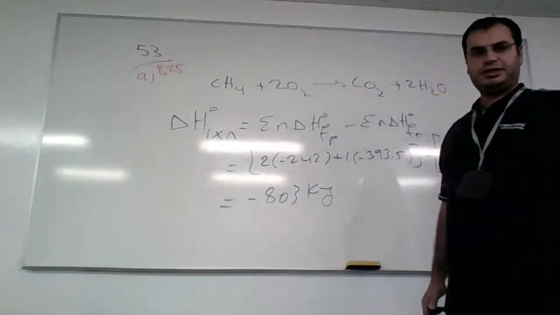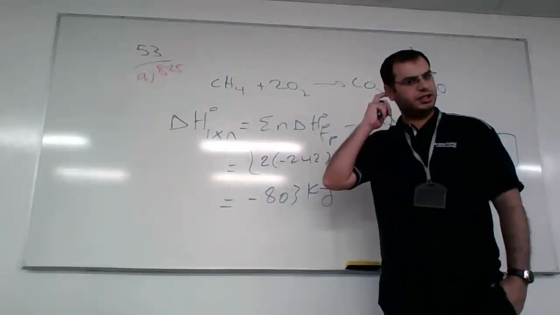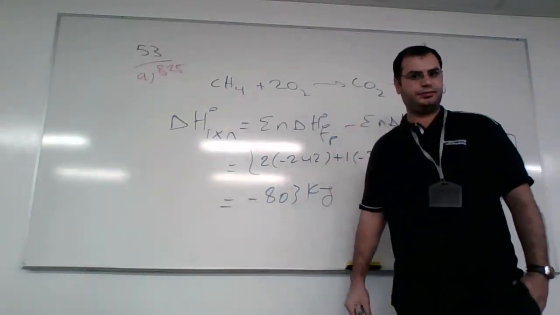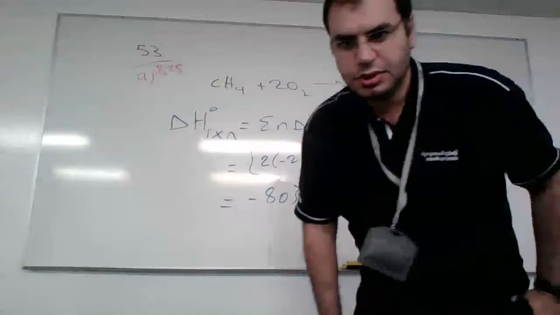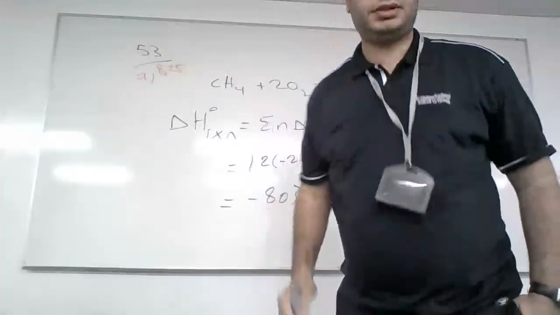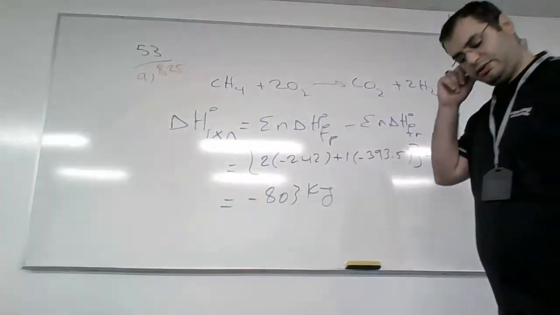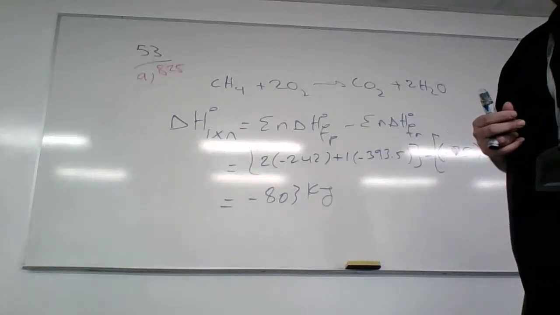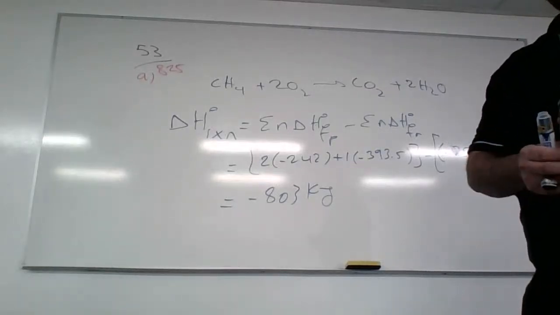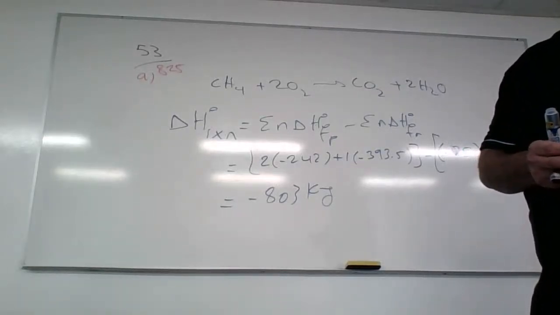So in standard conditions, this reaction is exothermic actually. Yes, the enthalpy of formation of an element is 0, according to what we learned. Now let's calculate delta S naught.